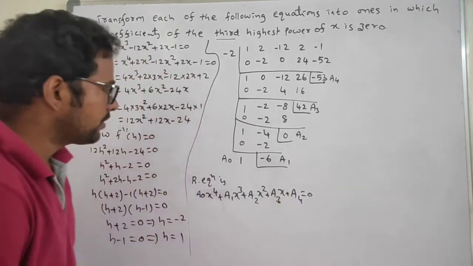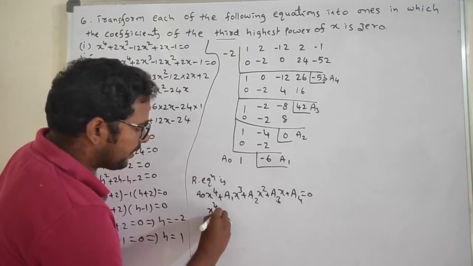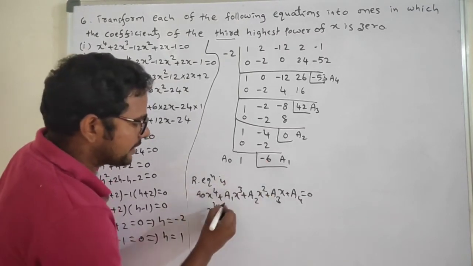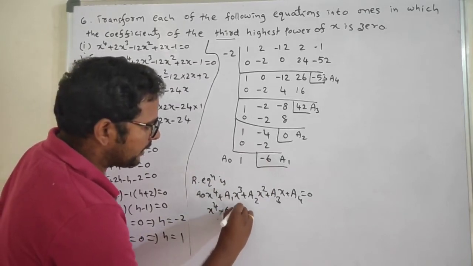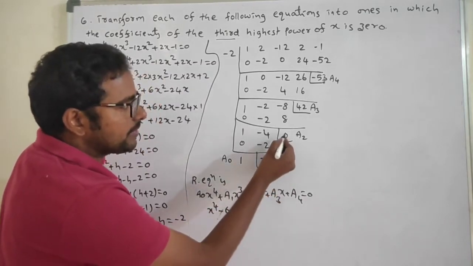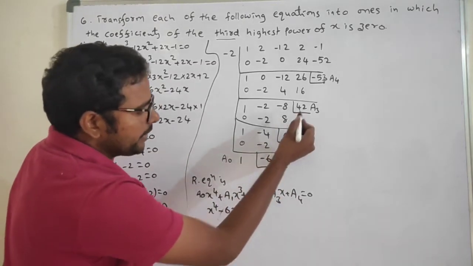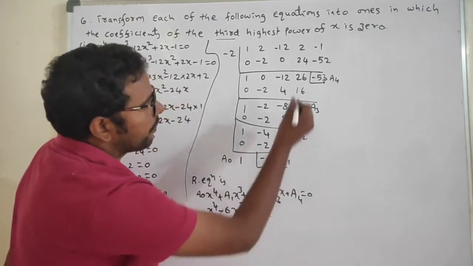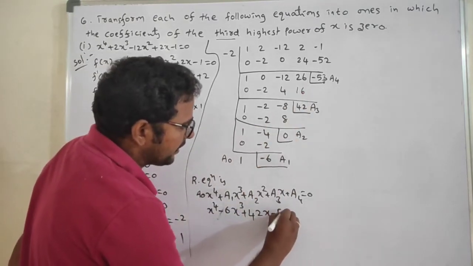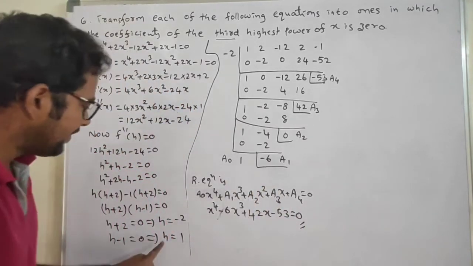Now substitute values. a0 value is 1, so 1 into x power 4, plus a1 is minus 6, so minus 6x power 3, plus a2 value is 0 into x square, plus a3 is 42 into x, so 42x, plus a4 is minus 53, equals 0. This is the required equation. Remaining, we have h equals 1.